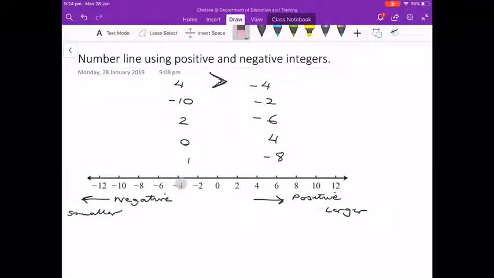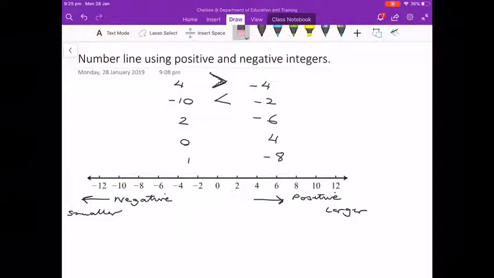Let's compare the next numbers. -10 compared to -2. Now -10 is actually less than -2 because it is further to the left. So -10 is less than -2. Remember, alligator teeth, larger quantity.